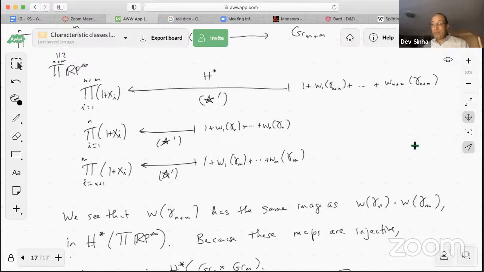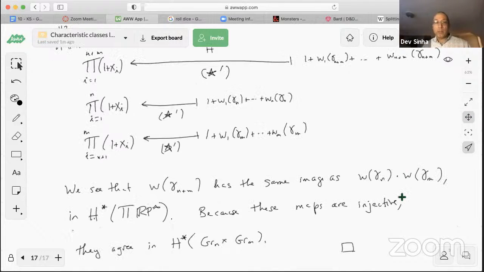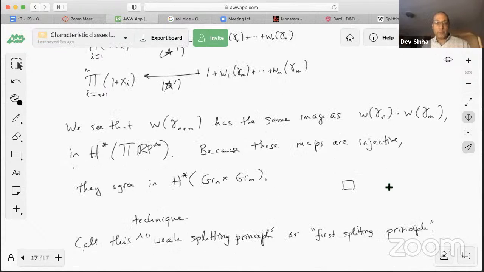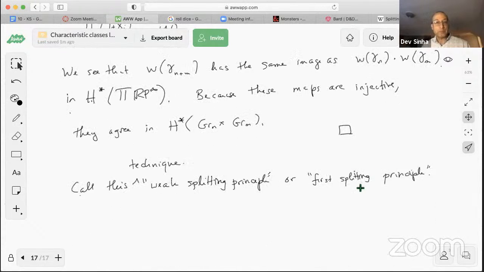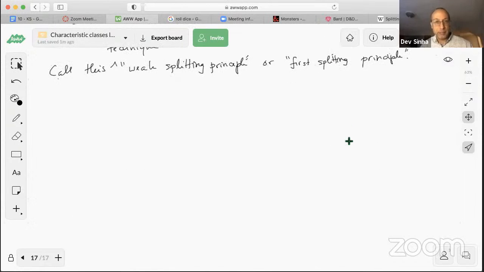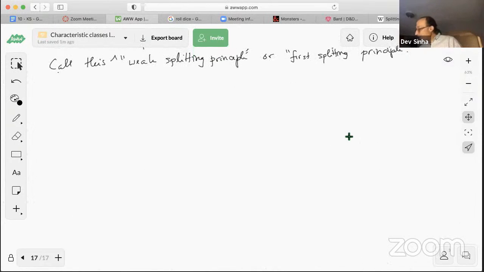So it's an immediate calculation in the cohomology of a product of RP infinities, but it implies Whitney's sum in general. Again, assuming this injectivity, which I'm calling a case of the splitting principle, or weak splitting principle, or I haven't decided yet. It's not standard terminology.